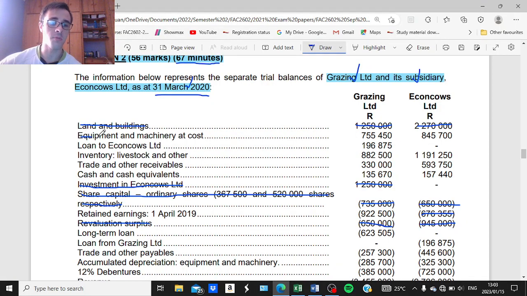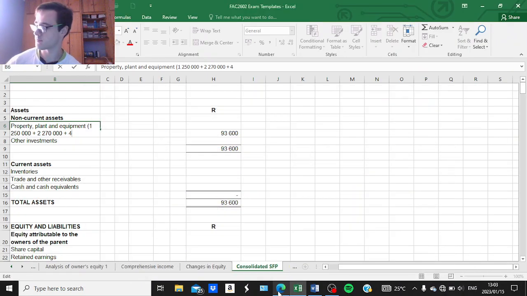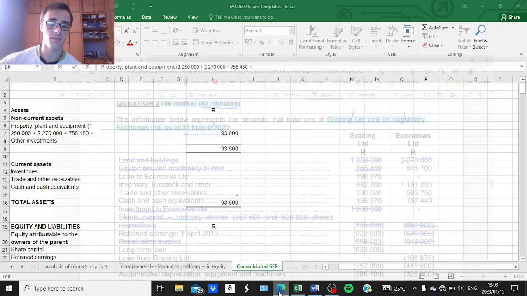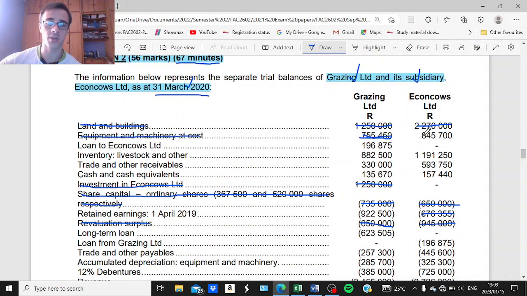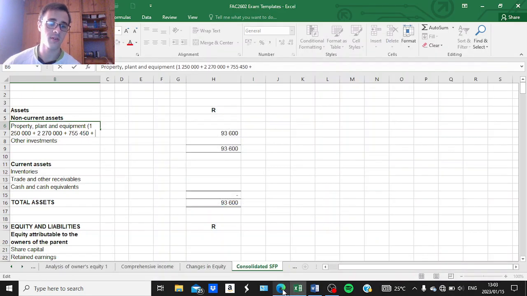Then we have equipment and machinery at cost, 755,450, plus that of the subsidiary, 845,700. However, keep in mind that property, plant and equipment is shown at carrying value in the statement of financial position.